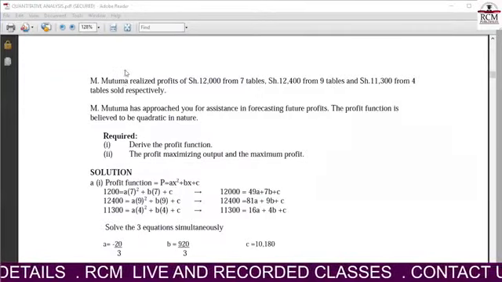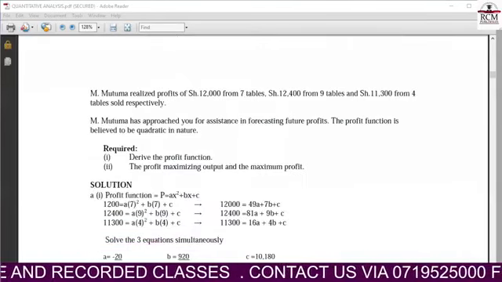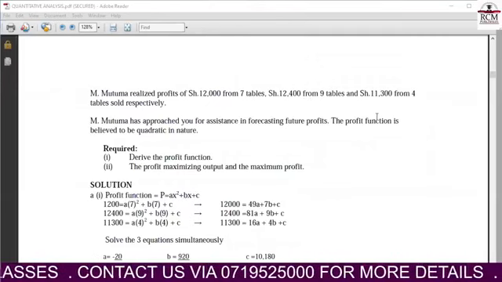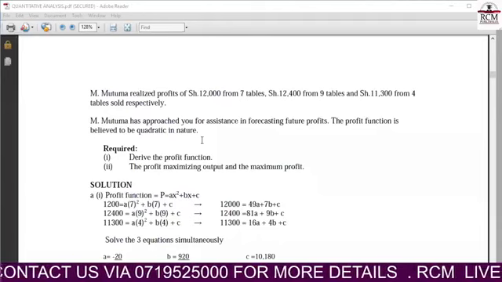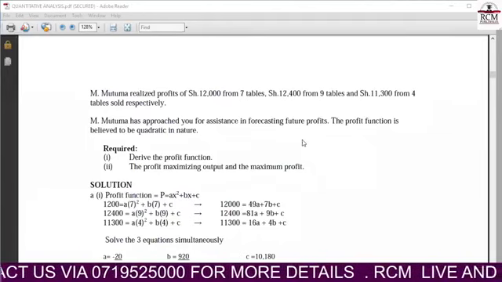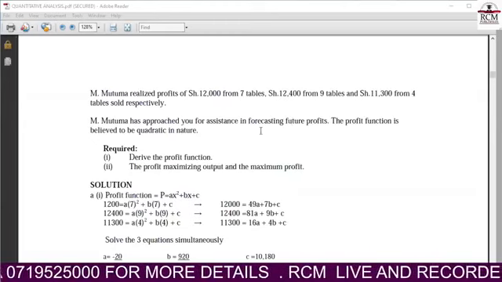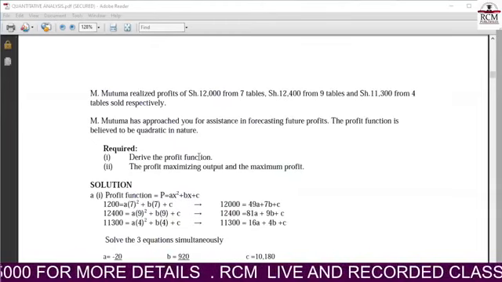The following information relates to M. Motuma, a dealer in standard wooden tables. M. Motuma realized this from 7 tables, that from 9 tables, and 11,300 from 4 tables, respectively. M. Motuma has approached you for assistance in forecasting future profits. The profit function is believed to be quadratic in nature. So they want you to derive the profit function. Number 2, they want you to give them the profit maximizing output and the maximum profit.